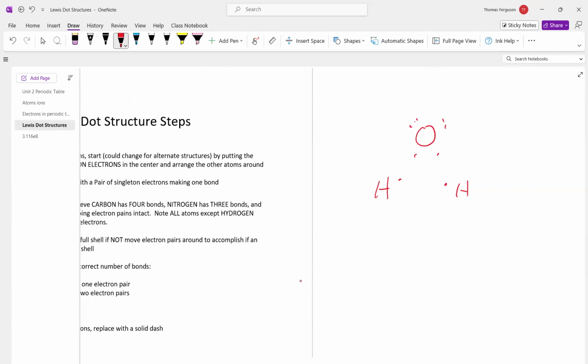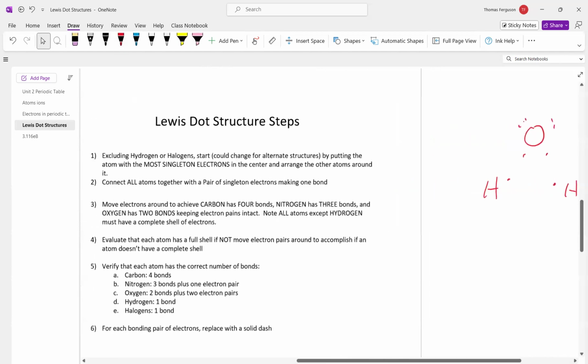So which has more, hydrogen or oxygen? Oxygen. So oxygen is going to be in the middle. Hydrogens only have one singleton, so they're going to surround the oxygen. That's what step one is.